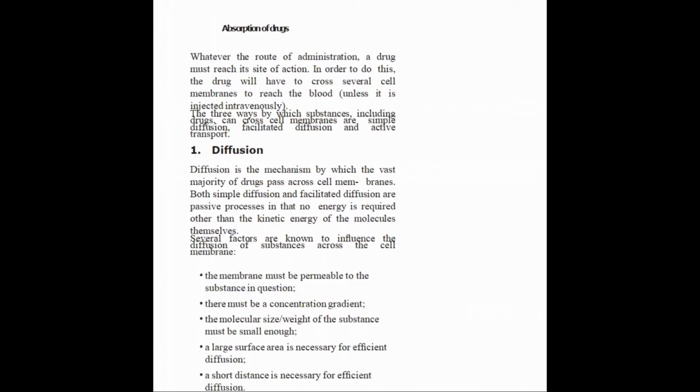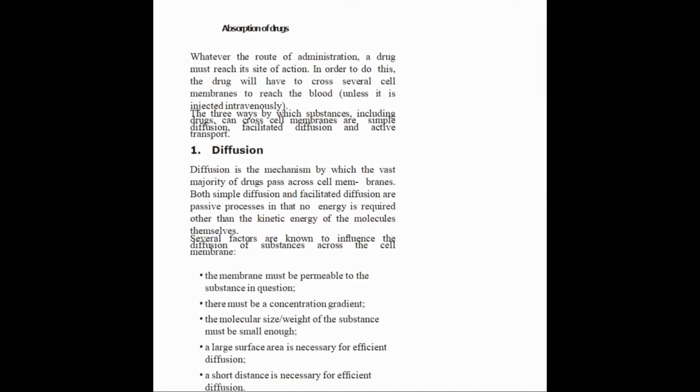Diffusion is moving from the region of higher concentration to the region of lower concentration through a permeable membrane. So both simple diffusion and facilitated diffusion are passive processes. What do we mean by passive process? No extra energy is needed other than the kinetic energy of the molecules themselves. So they don't need ATP or other factors to bring energy for them to pass through the membrane.